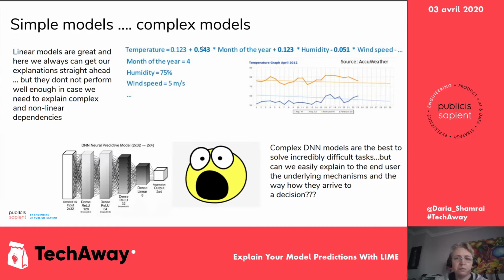Clearly, the larger the absolute value of the weight, the more impact this feature has. You would not disagree with that, because you say, okay, month of the year is really impactful, January is always much colder than June, whatever. Everything is nice with linear models, but the problem is that they cannot perform well in case we need to explain complex and non-linear dependencies.